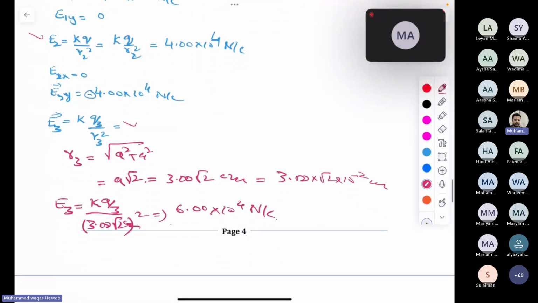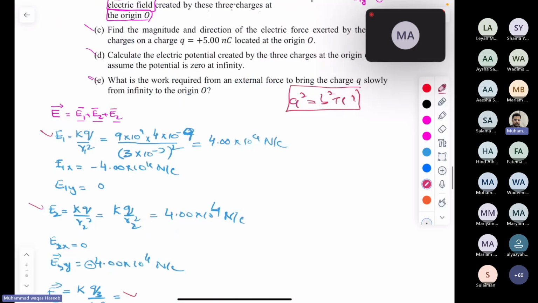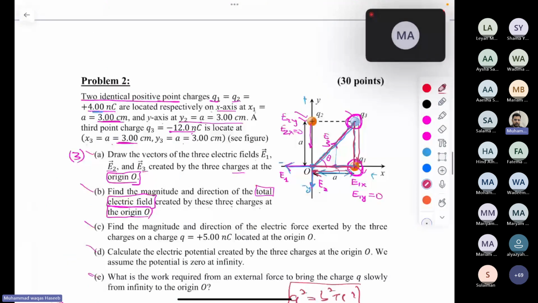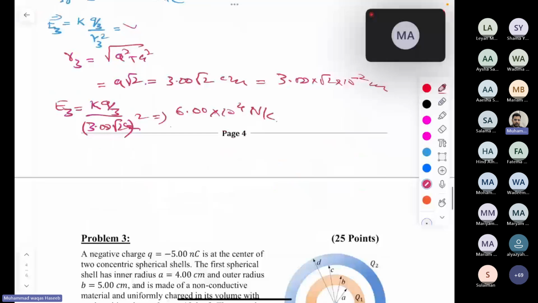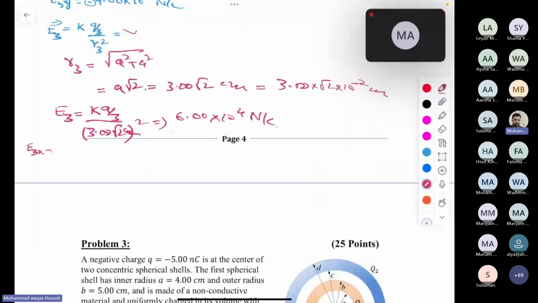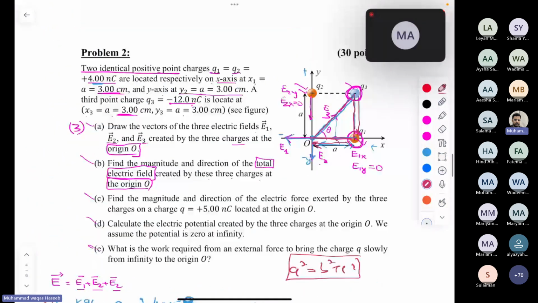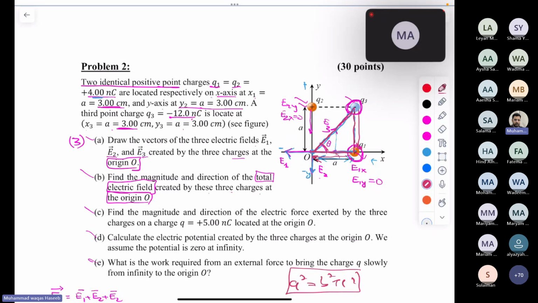Now, if you see, this electric field has both x and y components. So what is the x component of this E3? E3 x component is nothing but E3 cosine theta and E3 y is E3 sine theta. For simplicity, because it's a right angle triangle, this angle is 45 degrees, because this angle is 90 and 45 plus 45 becomes 90 as well.